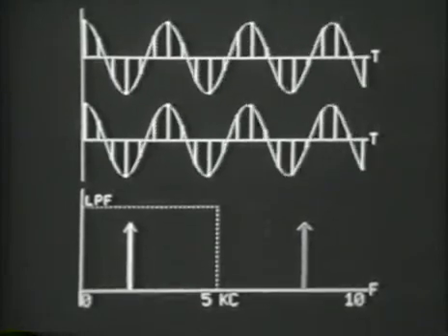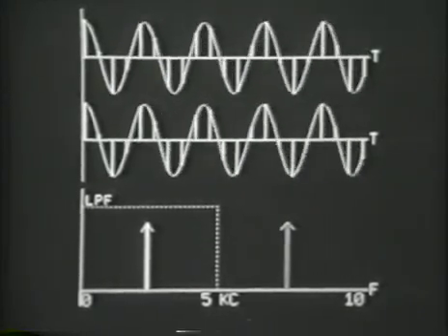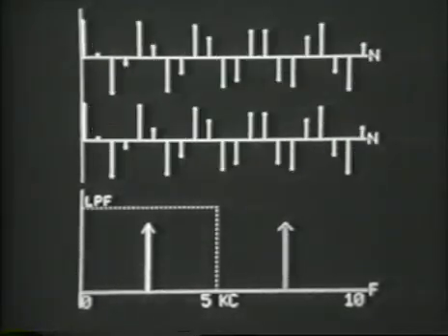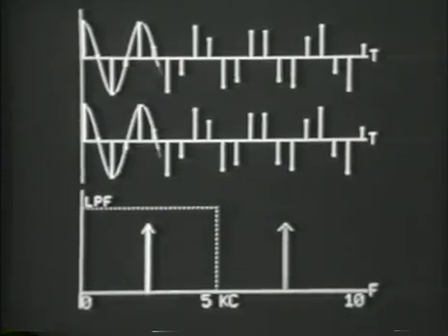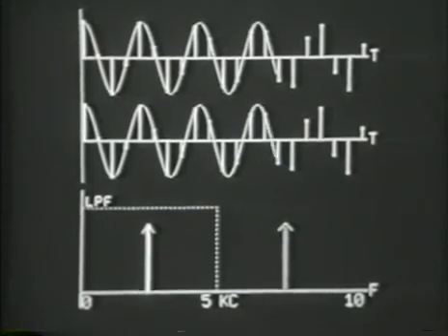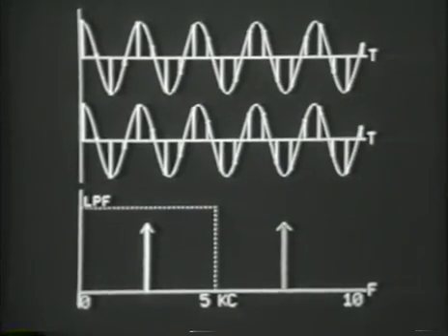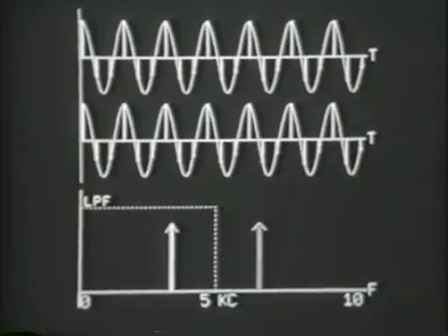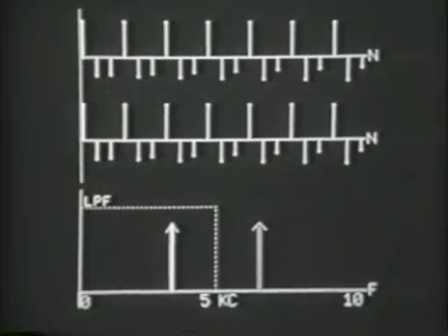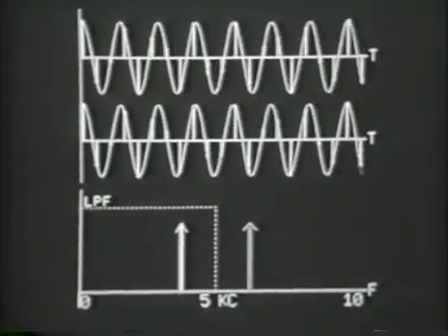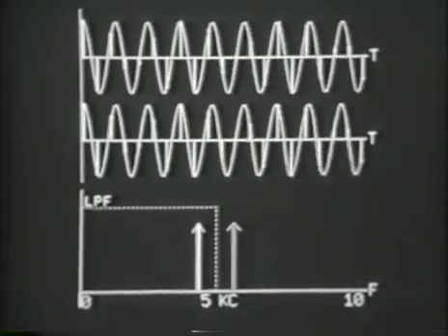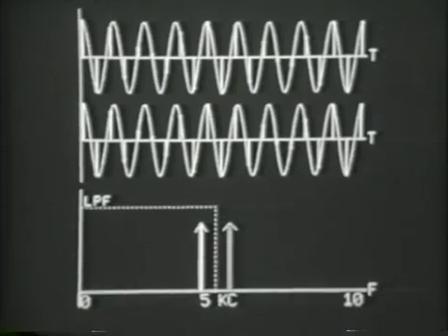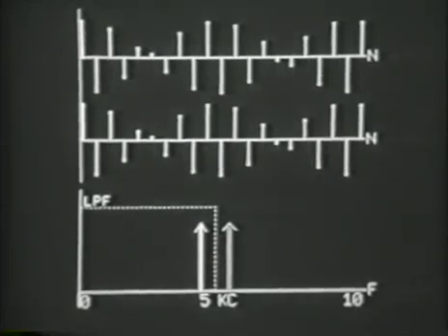The interpolation in between the samples is identical because the input frequency is still less than half the sampling frequency. And so as long as the input frequency is less than half the sampling frequency, not only will the samples be identical, but also the reconstructed continuous waveform will match the input waveform.